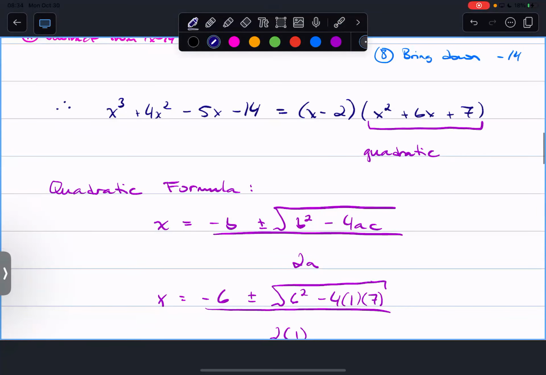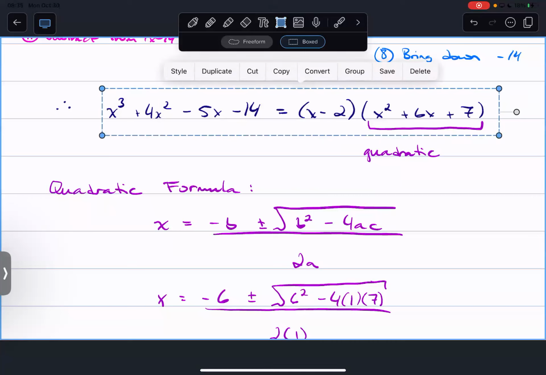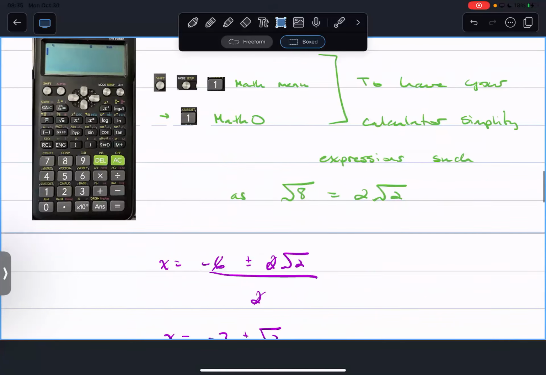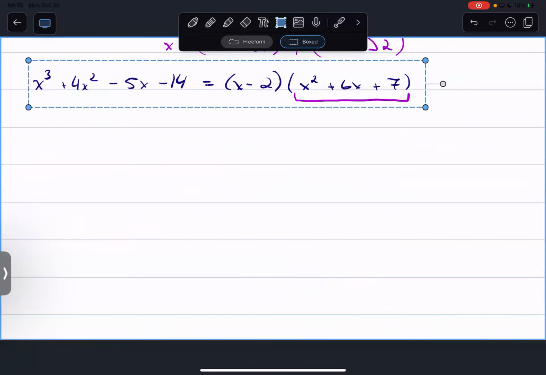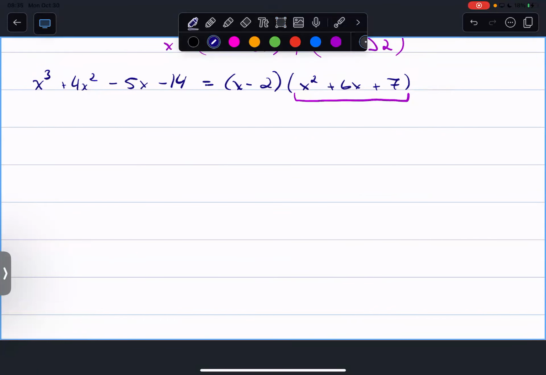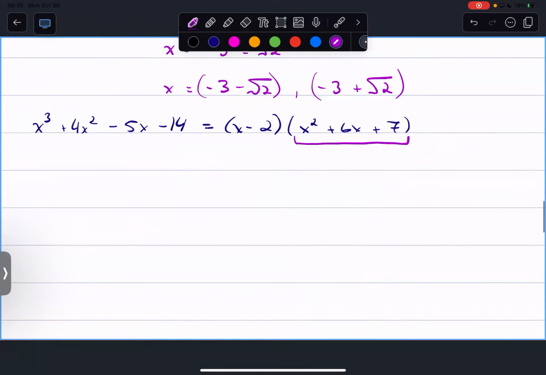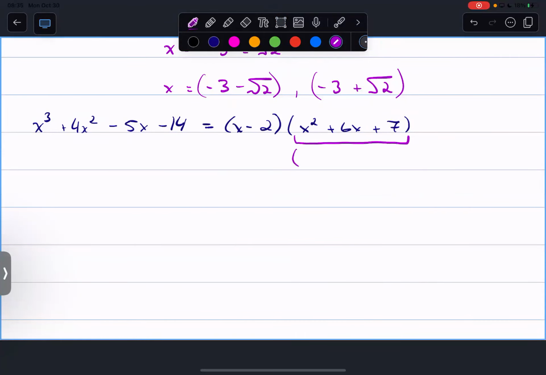What was our goal? Rewrite this as something factored. So here I'm gonna snag this again, copy, but I don't want to write it out. Paste. These are just numbers.